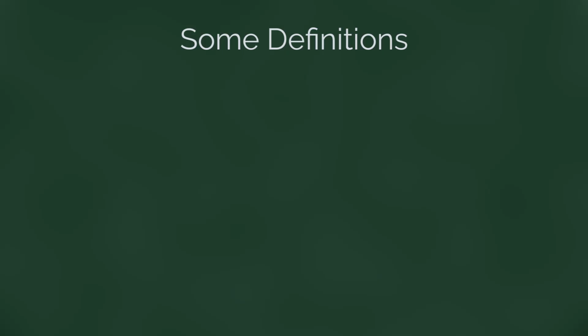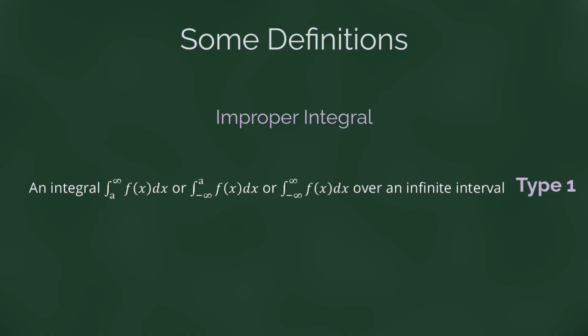We're going to need a few definitions in order to frame this conversation. So we'll start off with the definition of an improper integral. First, we see that an integral of the form from a to infinity of f of x dx, or from negative infinity to a of f of x dx, or from negative infinity to infinity of f of x dx, is our first type of an improper integral, and we will refer to those as type 1 integrals.